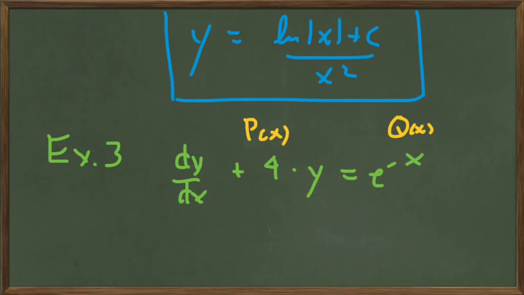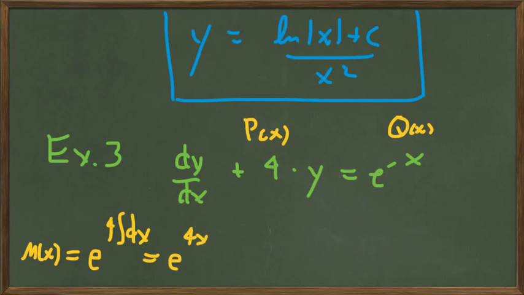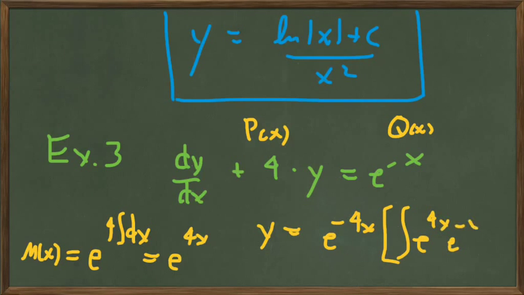So mu of x would be e to the integral of p of x dx, which would just be e to the 4x. So y equals the reciprocal of that, which just changes the power to negative, integral e to the 4x e to the minus x dx plus c. And so what we are integrating here is e to the 3x.